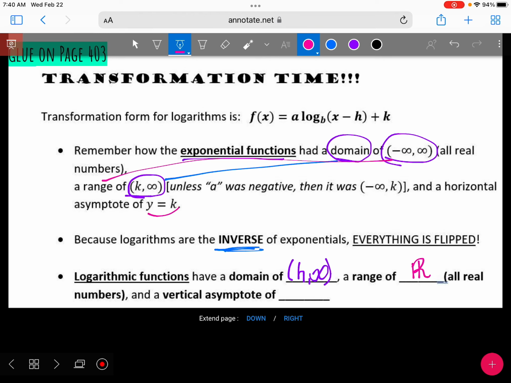And our asymptote, Y becomes X, K becomes H. So our asymptotes are going to be based on our horizontal shift, the right or left. If you think about that vertical line, it's going to move right or left. So this guy is going to be the boss of the asymptote this time around.